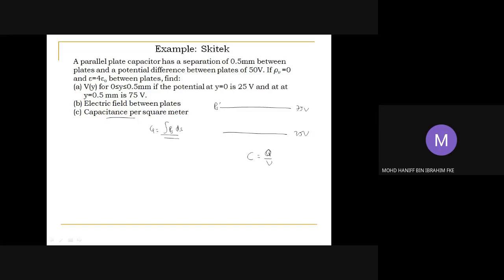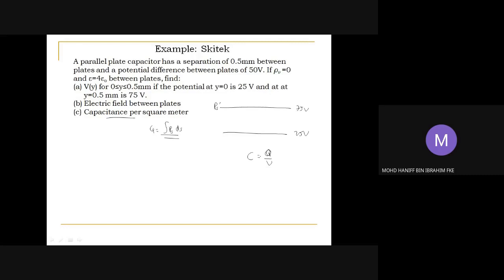That's how we calculate the charge Q. The same thing applies if you assume the charge Q is on this plate of 25 volt potential.